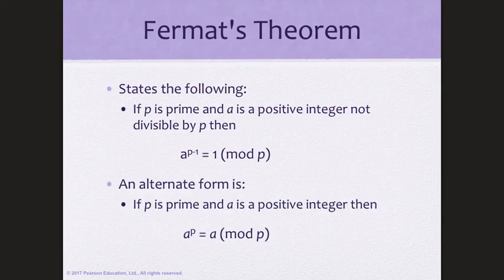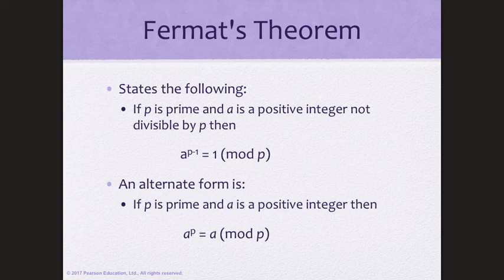Okay, so the first and most important theorem in number theory that has to do with prime numbers is Fermat's theorem. Fermat's theorem says that if you choose a prime number p, and then you choose any positive integer a which is not divisible by p, so p is not a factor of a, then if you take that integer a and raise it to the power p minus 1, the result is going to be equal to 1 mod p.